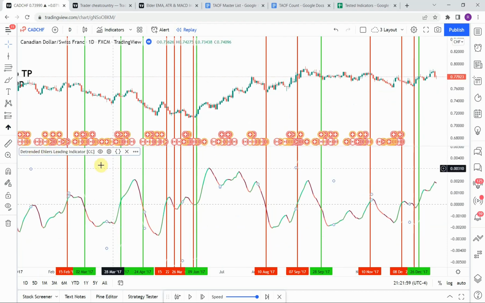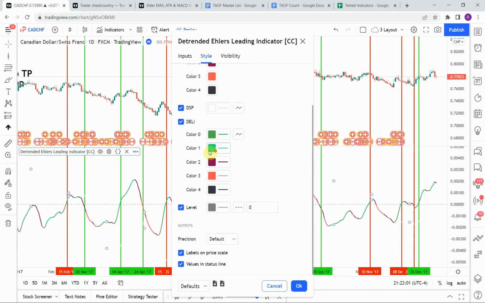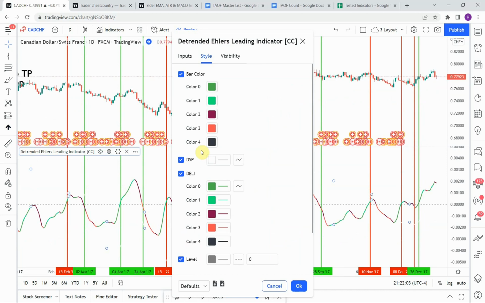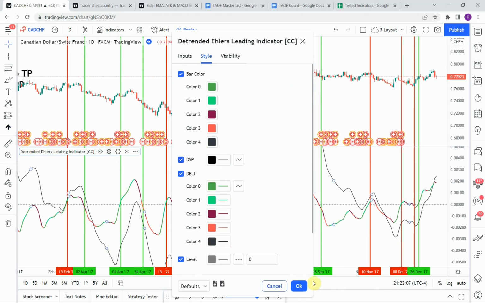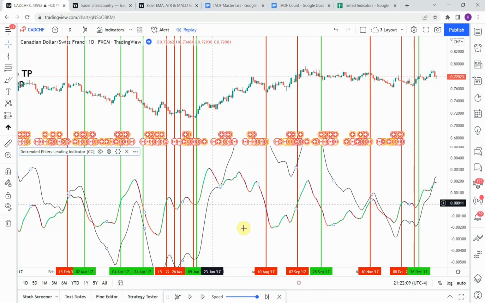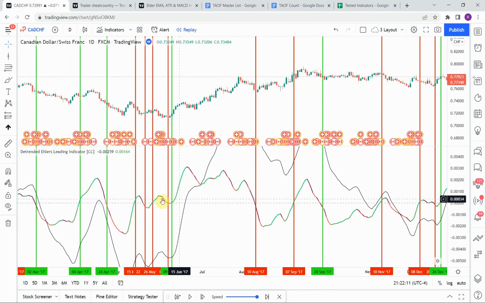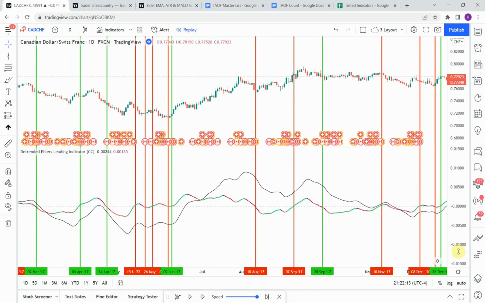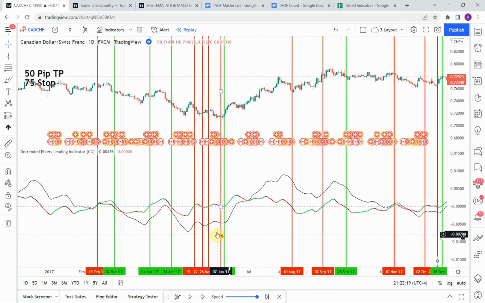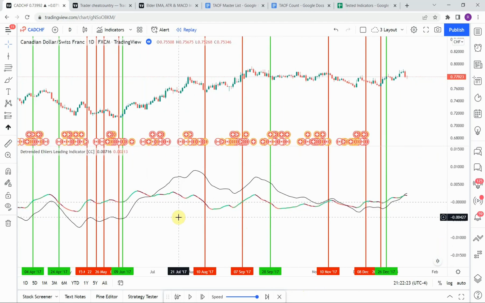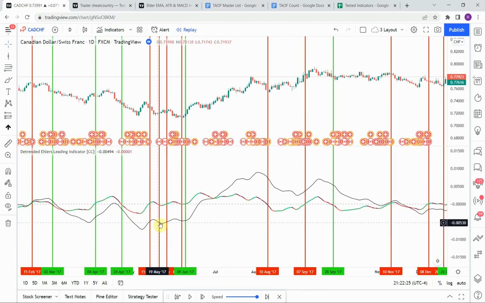Oh, and I was gonna show this. Let's see. So this is the line here. It was actually in white, so you couldn't see it there. And so this is the line that Cheat Country had on the original, on the screen when talking about the indicator.